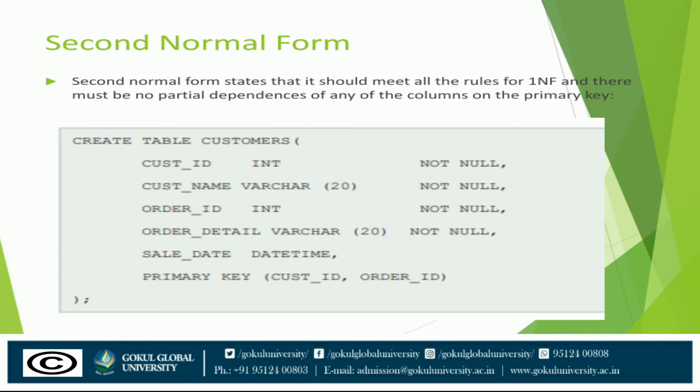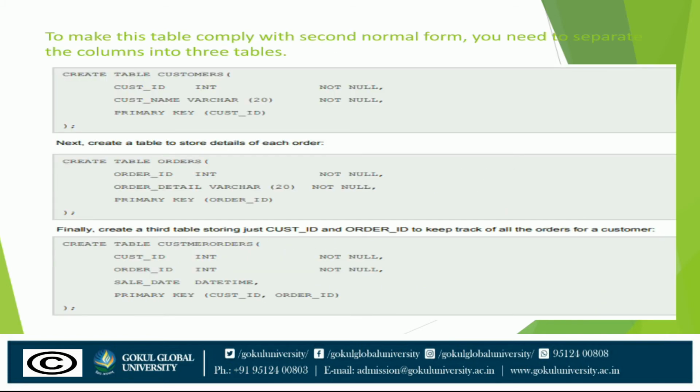Order detail and purchase date are also dependent on order ID, but they are not dependent on customer ID because there's no link between a customer ID and an order detail or their sale date. To make this table complete with second normal form, you need to separate the columns into three tables.